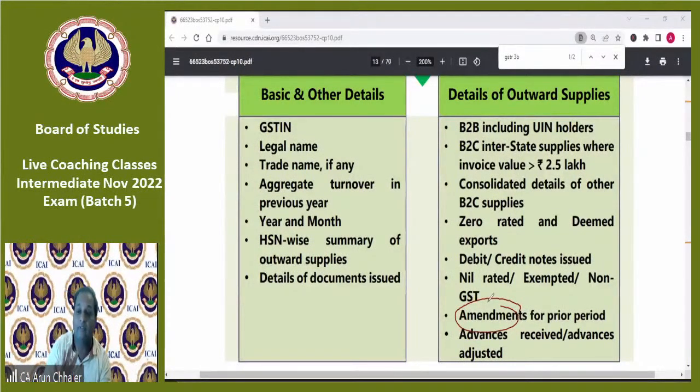There is no concept of revision. What to do? You can file the next return. At that point of time, you can do the amendment of all such incorrect information. When you enter the invoice number and some other methods are there, then the respective correction you can do, that is called rectification.